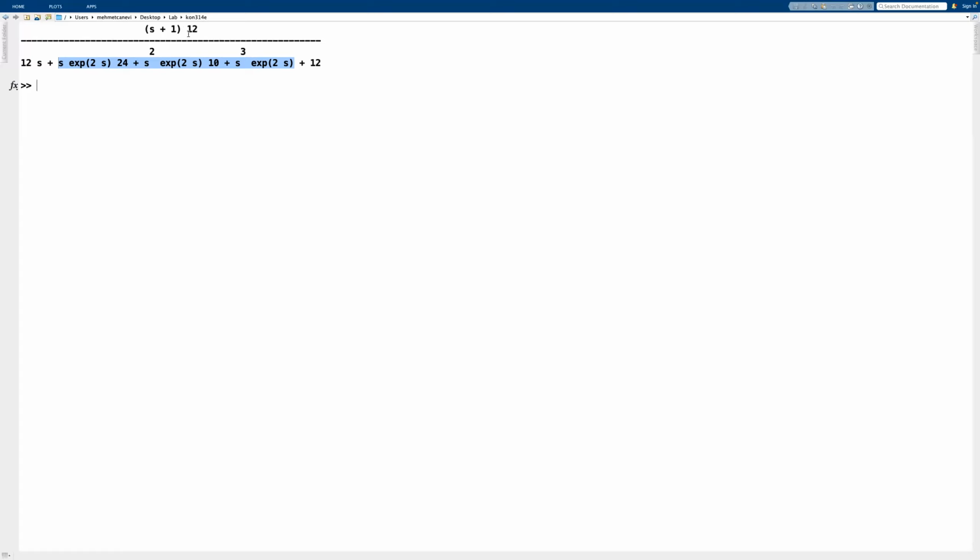And since we define a transfer function as a ratio of polynomials, it makes sense that MATLAB complains that this is not a transfer function form anymore. And it isn't, because it should be a linear combination of the powers of s in the numerator and in the denominator. And we don't have that here.